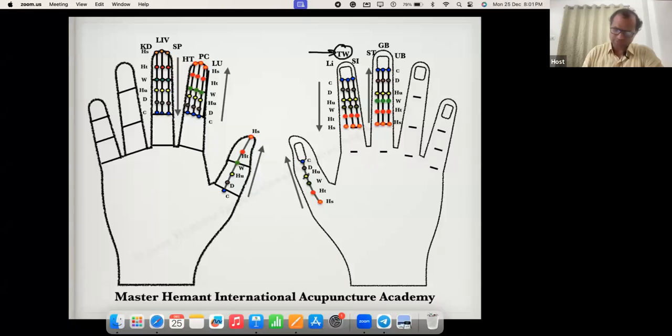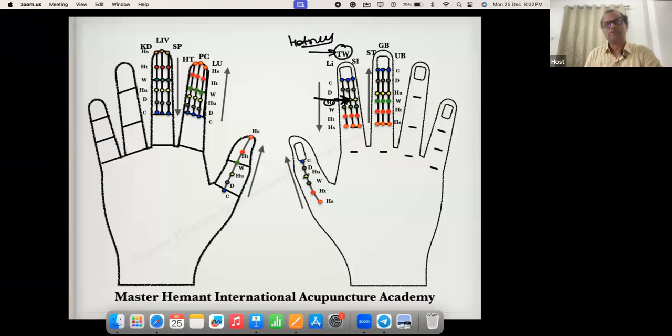This is the hotness meridian. Then I told you forehead is the humidity. So this is the humidity. We are putting the perpendicular on the humidity here. That is the perpendicular on the humidity. That is the forehead area.